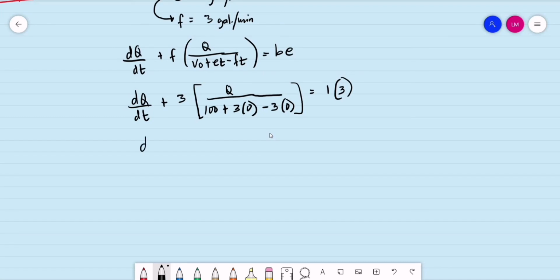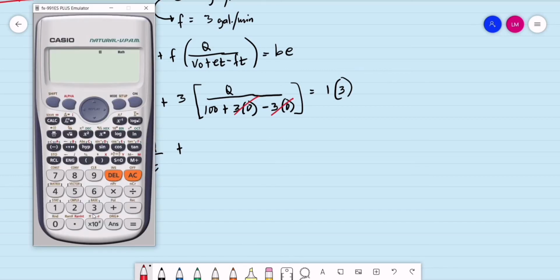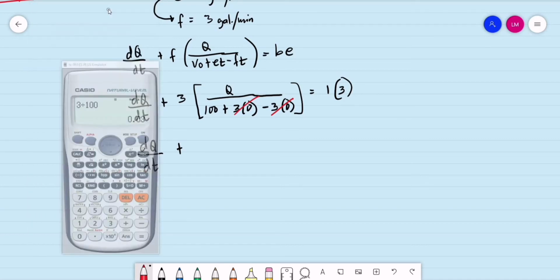So this is now dQ divided by dt plus, the terms with time will be 0, that is 3 over 100. What is that value? 0.003 or 0.03? So it should be 0.03.